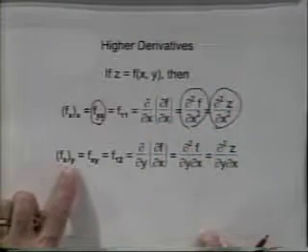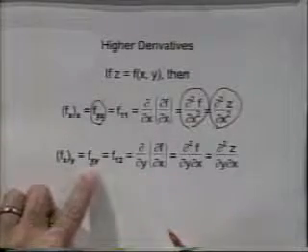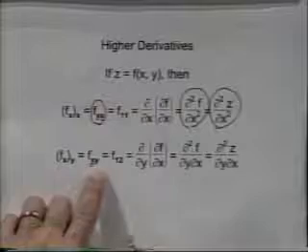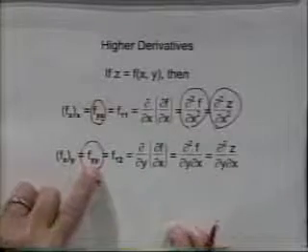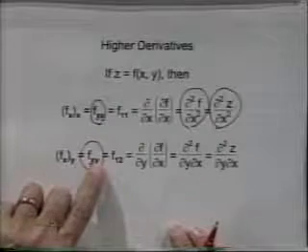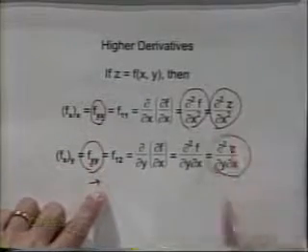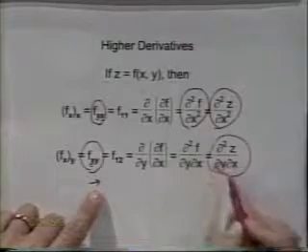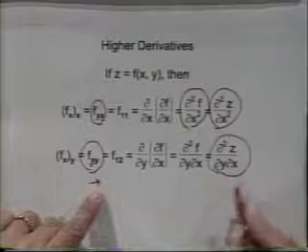Notice fxy means you differentiate with respect to x first and then with respect to y. So in this notation, you read from left to right. Differentiate with respect to x and then differentiate with respect to y. But notice in this notation, when you see it this way, you differentiate with respect to x first and then with respect to y.